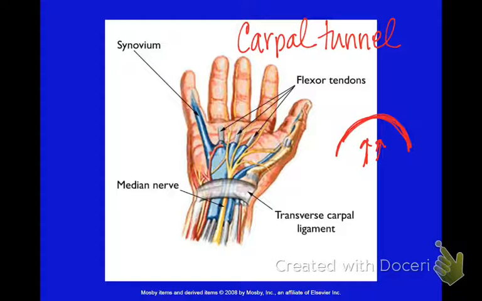Okay? So carpal tunnel. So this is the carpal ligament that goes across the wrist. And underneath it run all of these tendons. So if you look at the anterior surface of your wrist and you wiggle your fingers, you can see all of those tendons moving in your wrist, right?